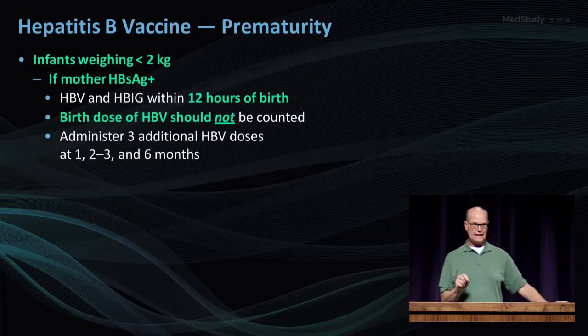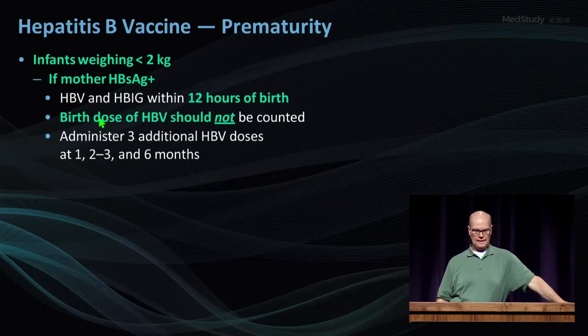If mom is positive, go ahead and treat as you would any child, but the caveat is that you cannot count the birth dose of hepatitis B vaccine if that birth dose was given to an infant less than 2 kgs. So that's why it's important when you're reading this scenario in a potential vignette question to look at the birth weight and make sure that this particular caveat is not relevant. So don't count the birth dose.